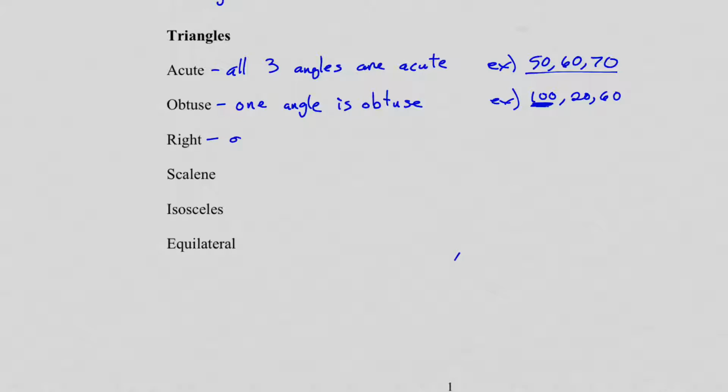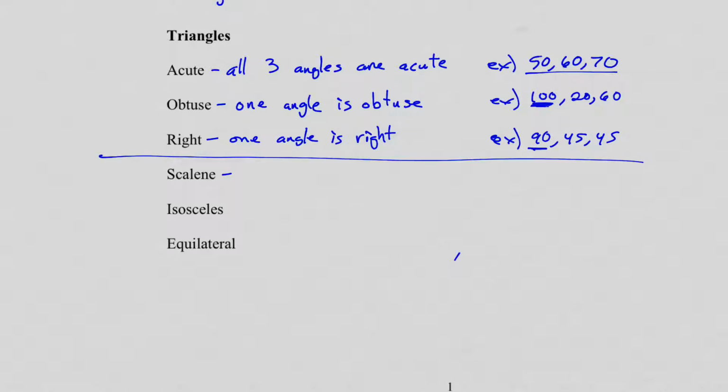Right: one angle is right, or you know that's 90 degrees, so 90, 45, 45 as an example. Now those have to do with the angles.